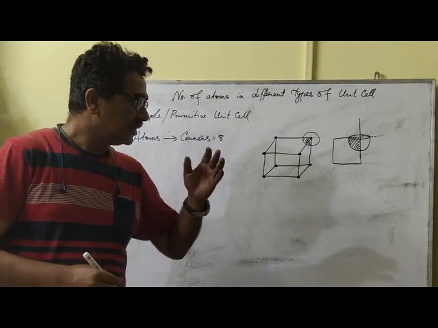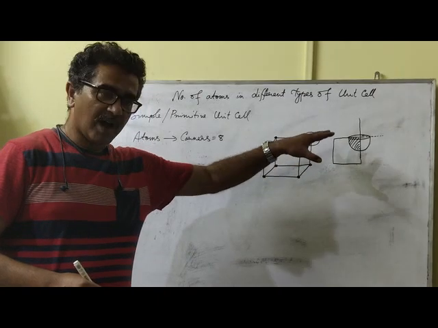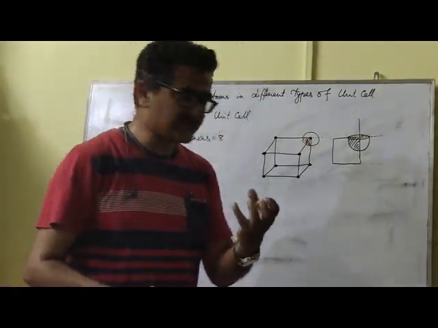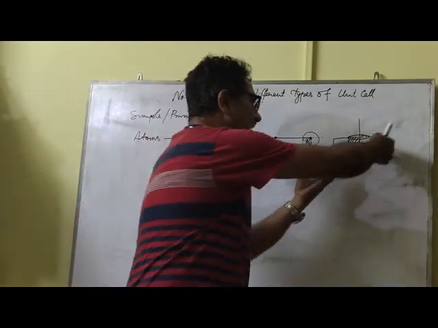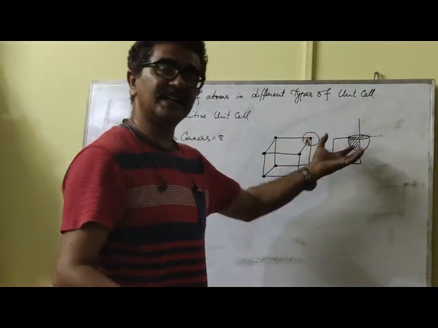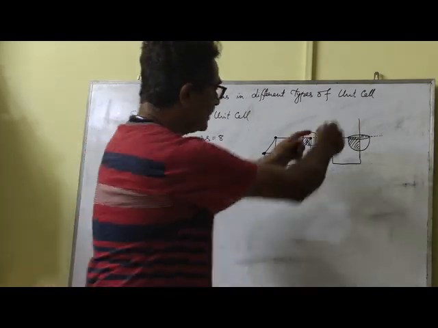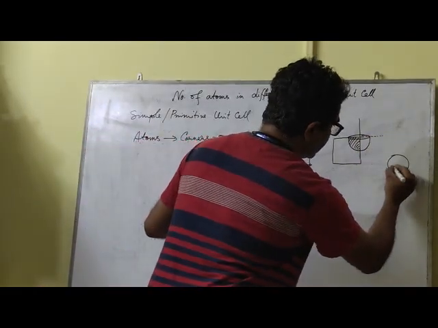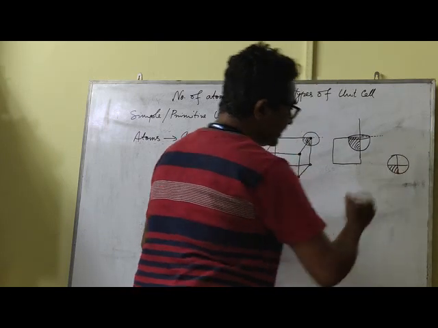So here we can tell that 1/4 of the half sphere is placed inside the cube. And if you take the entire sphere, this is 1/8 part of the entire sphere. If you draw the cross section of the sphere, it is somewhat like this. Only this part is inserted.